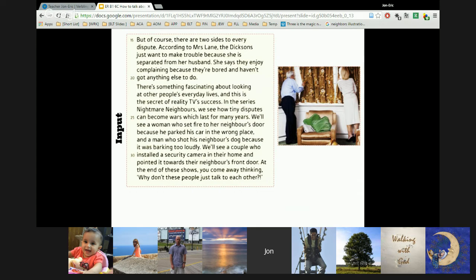Okay, and there's one more problem that was mentioned. Car parking problems. Exactly. Parked his car in the wrong place. And therefore you set fire to your neighbor's house.